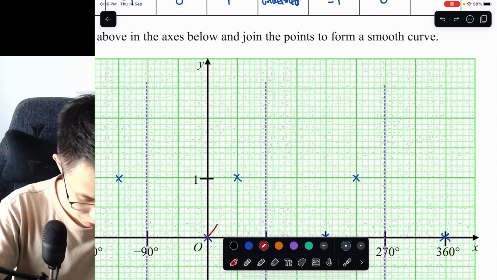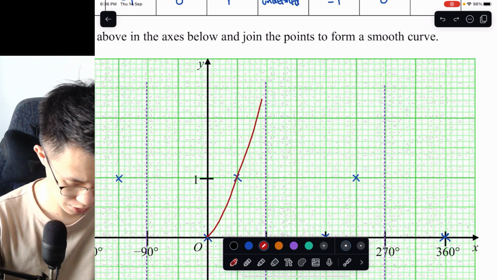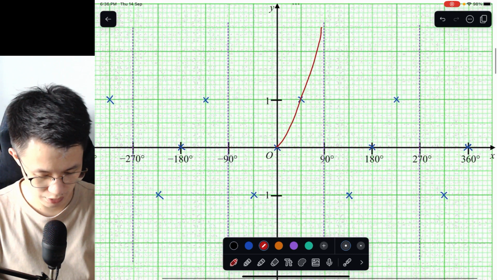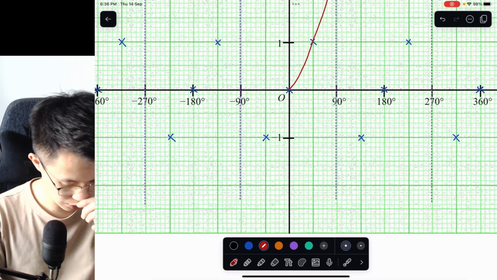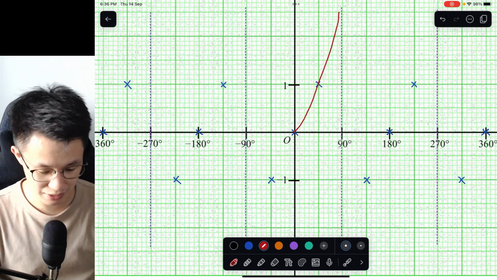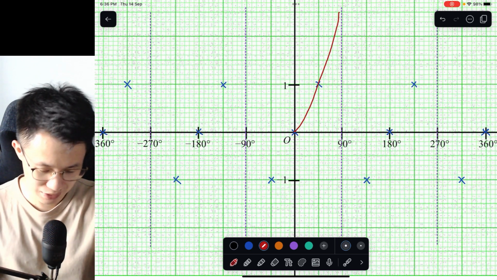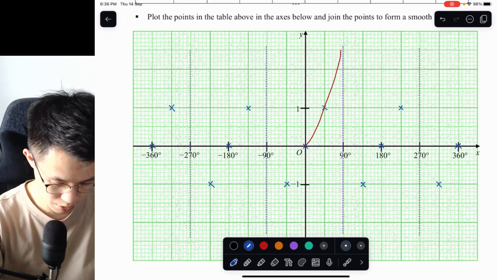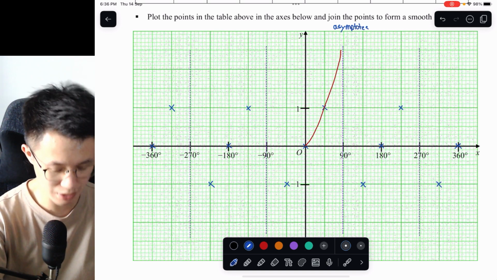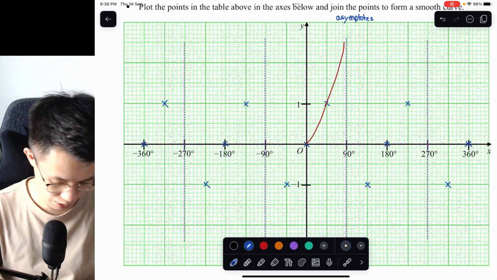Draw it up here, go up, and it will approach the 90-degree dotted line as though it's touching it, but it's not going to touch it. This is what it means when it's undefined. You approach the 90-degree line, and we call these lines asymptotes. Asymptotes are invisible lines that graphs tend towards. Tend means it goes towards, but it will not touch them. So we use these asymptotes to help us.